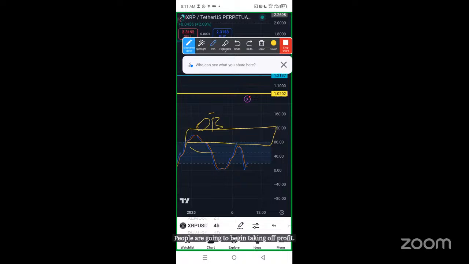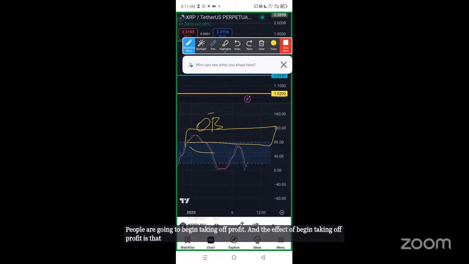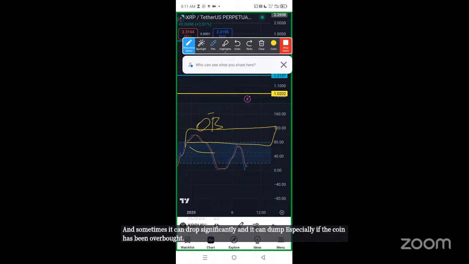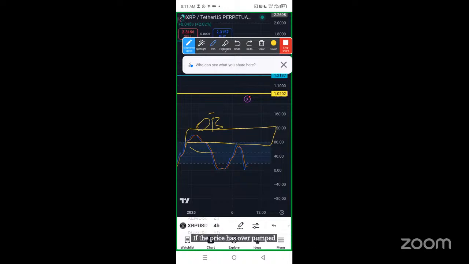And the effect of taking off profit is that it results in the market price dropping. And sometimes it can drop significantly and it can dump, especially if the coin has been overbought. If the price has overpumped, it can drop so badly. Why? Because people are taking off profit.